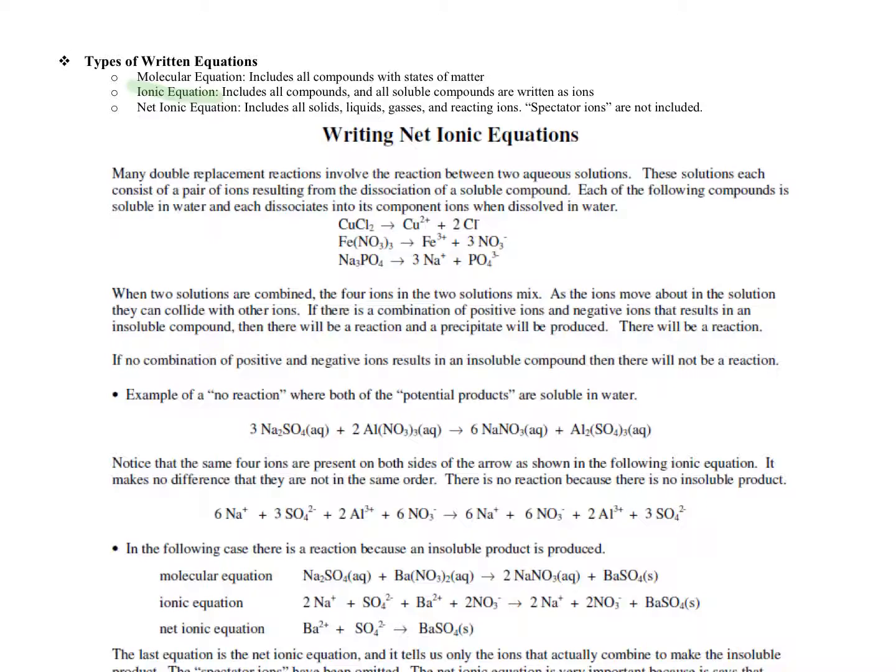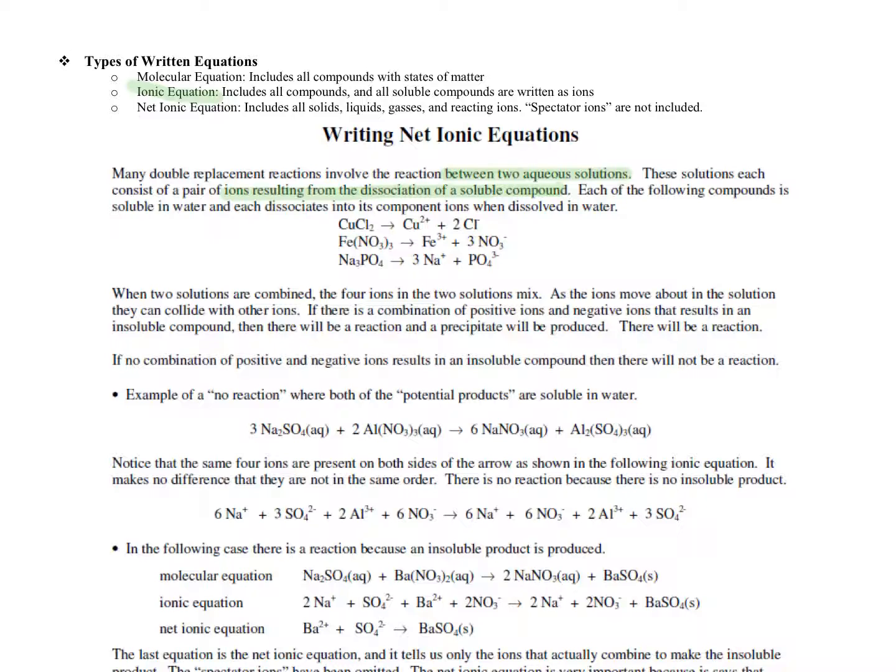Okay? So for writing net ionic equations, many double replacement reactions involve a reaction between two aqueous solutions. These solutions each consist of a pair of ions resulting from the dissociation of a soluble compound. We know soluble compounds because they start with our soluble ions or end with our soluble ions.